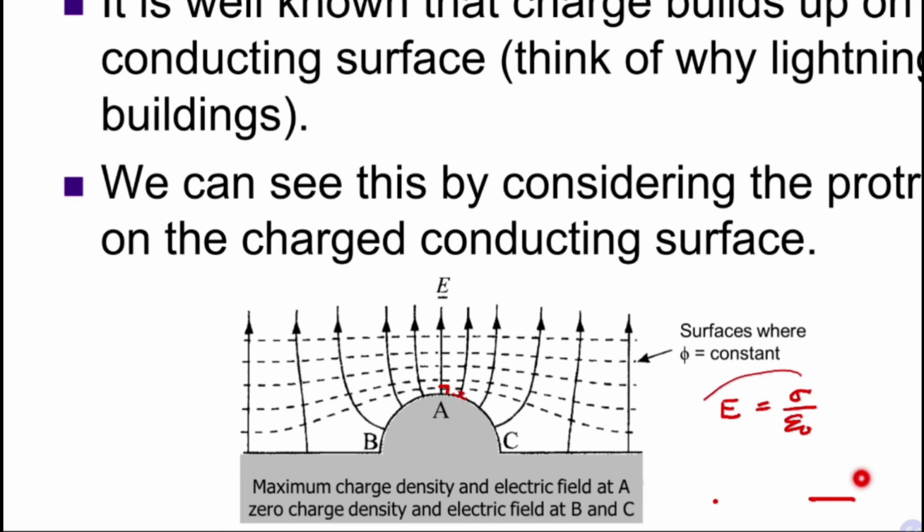Therefore, based on this equation, higher electric field means higher charge at the protruding area. And here, less electric field, so the charge here is approximately equal to 0. There is actually no charge at that location, but most of the charge concentrates in this area.